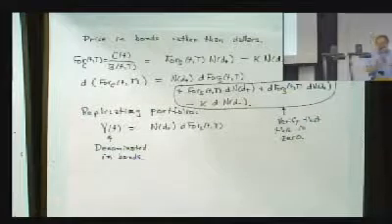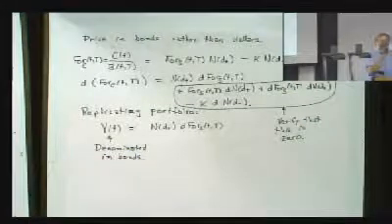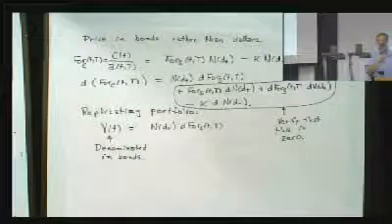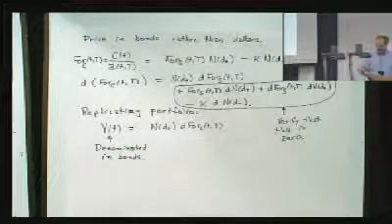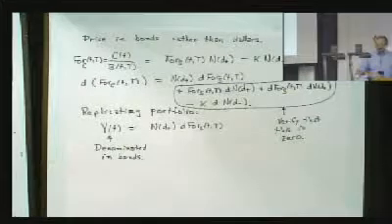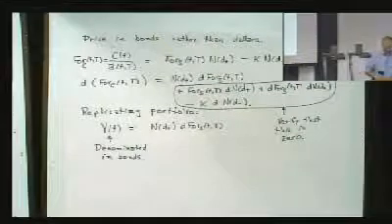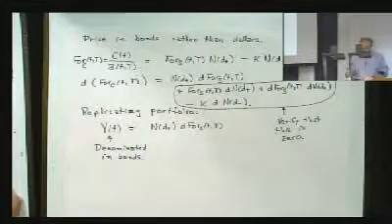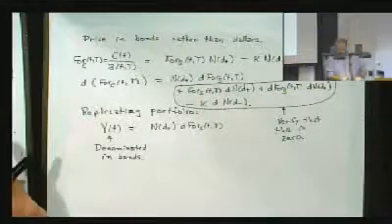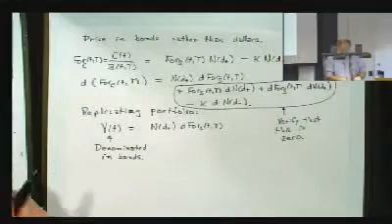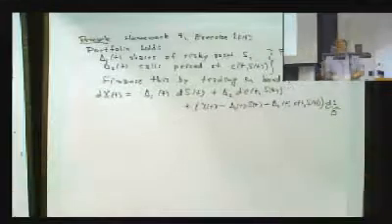If you haven't looked at it, its price is f of t and S of t. And when you create the replicating portfolio, it will involve the partial derivative of f as well as the partial derivative of the c. Okay.